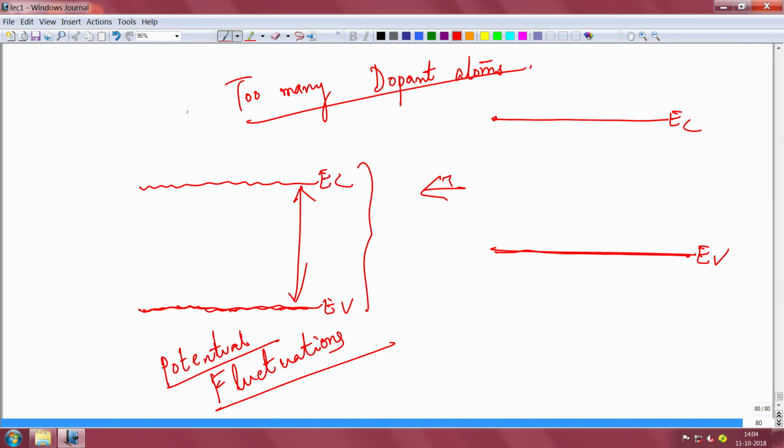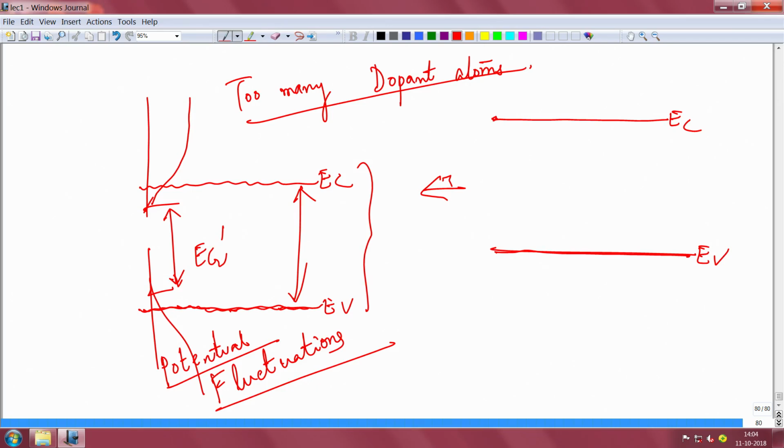So your Fermi-Dirac distribution will extend a little below the band also, and so your band gap also will shrink, right? Your new band gap EG dash will be slightly smaller than the true band gap of the material.